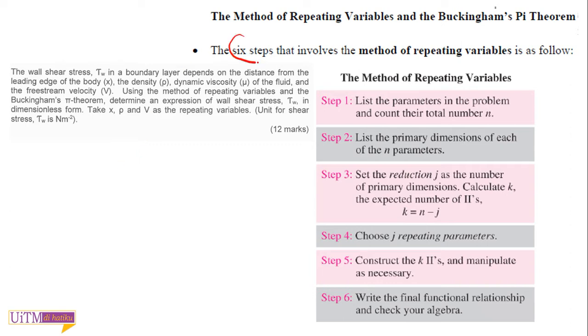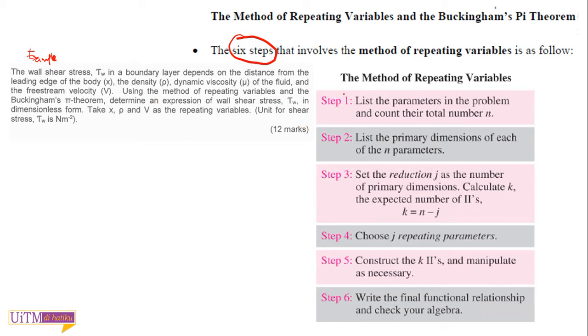You need to remember there are 6 steps involved in this method when you want to generate the pi or dimensionless parameters. I will go through them one by one and show you an example question so that we can see clearly how to use this method to solve a real question.